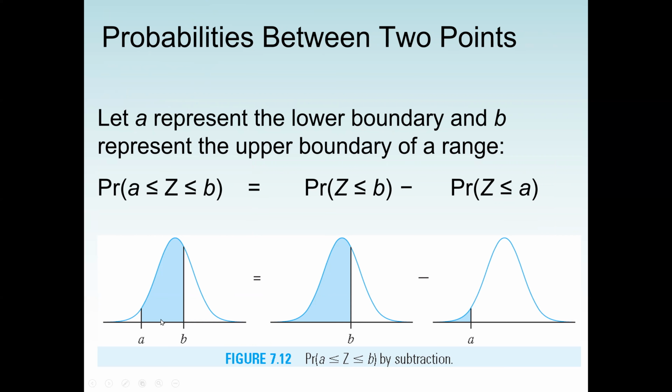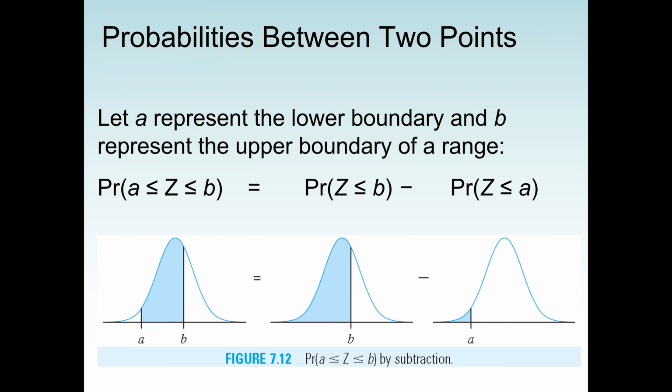Now, if I have two Z values, let's say I'm looking for the probability that the random variable X will be between 2 and 3. So I'm going to look for the Z value for 2 and the Z value for 3, then the P values using the standard normal table.